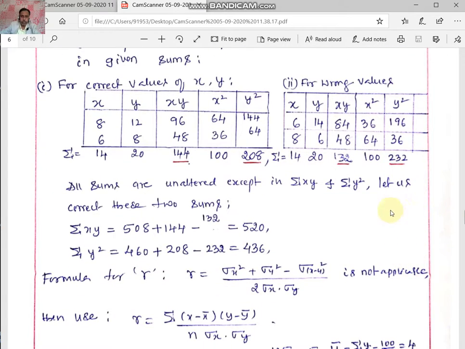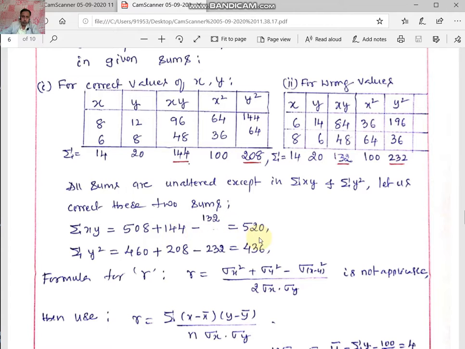Now correcting only these sums, sigma xy and sigma y square. All sums are unaltered except sigma xy and sigma y square. Let us correct these two sums. Sigma xy: the given sum is 508, add the correct value and subtract the wrong value. The wrong value is 132.